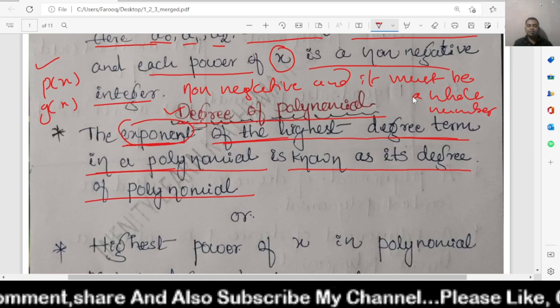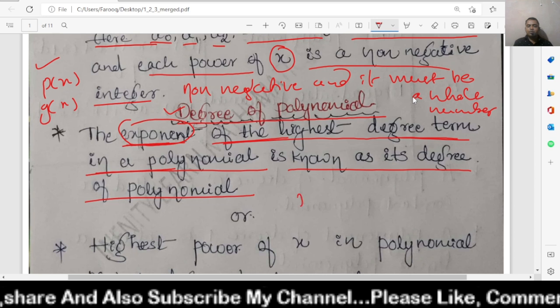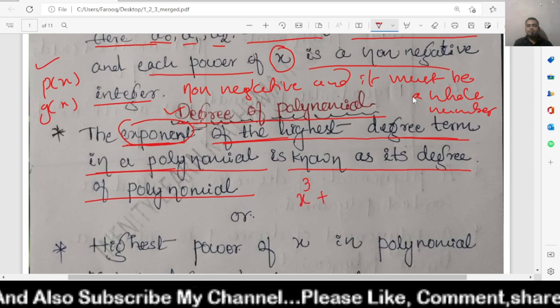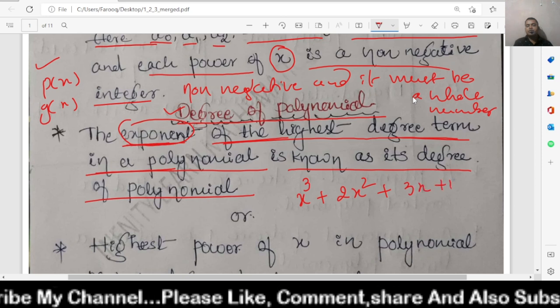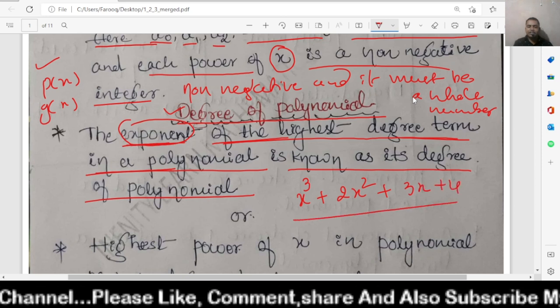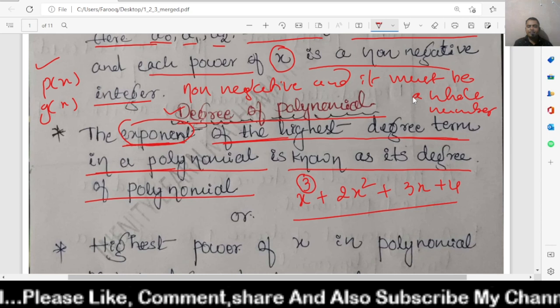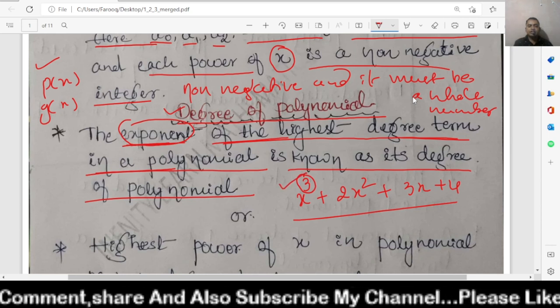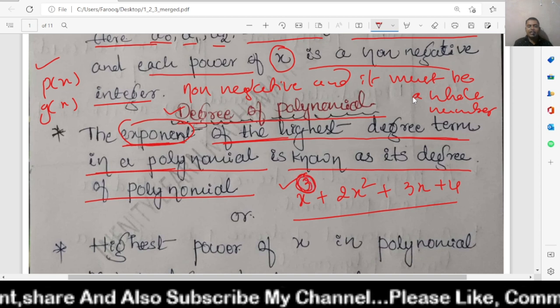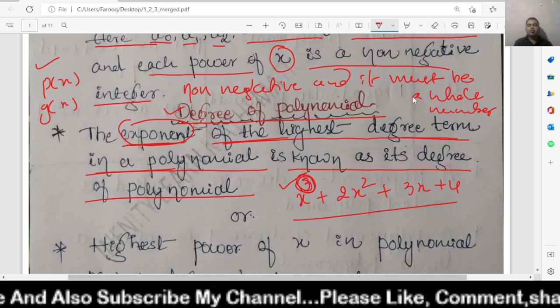Suppose this is x cube plus 2x square plus 3x plus 4. It is a polynomial. Its highest exponent here is 3. So this is called a cubic polynomial. So this highest power is called the degree of the polynomial.